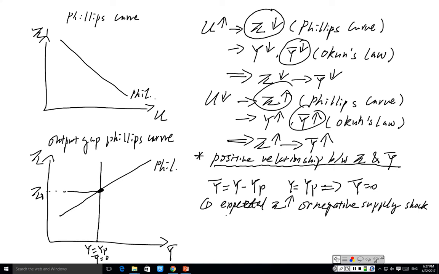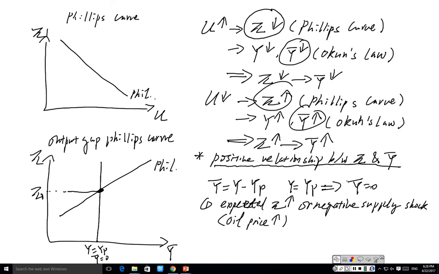For example, the oil price increase a lot, and we know oil is the important input to produce many goods and services. If oil price goes up, it will push up the average price level, which lead to the higher level of the inflation.